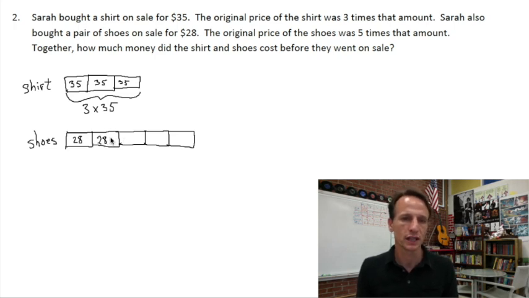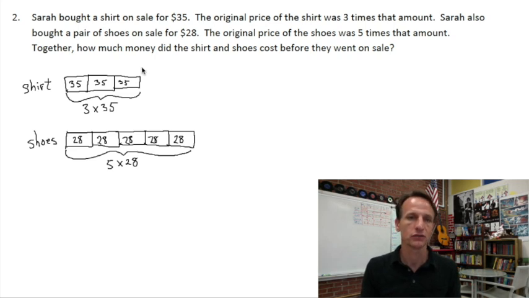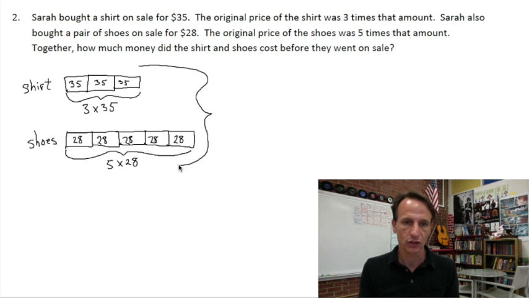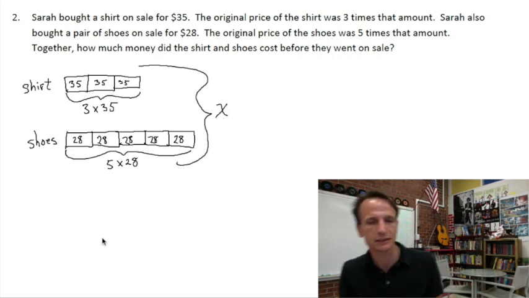So 28, 28, 28, and 28. Altogether, what we're talking about here is, that's right, 5 times 28. And what we're trying to find is what they cost before they went on sale. So that's all of this together, right? And we'll just call that, as we did before, X.